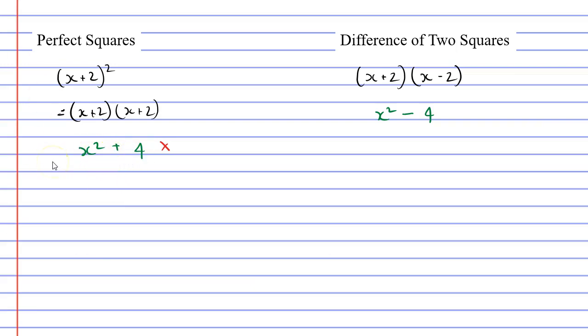So yeah, you will have x squared and you will have 4, but you need to put something in the middle. And to get that, we just multiply them together. X times 2 is 2x. And then you also times that by 2. So you get 4x in the middle. Okay, so very important that you don't get yourself confused between perfect squares and the difference of two squares.